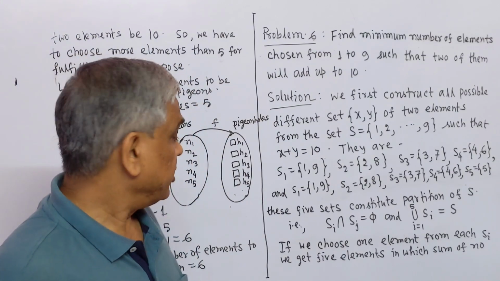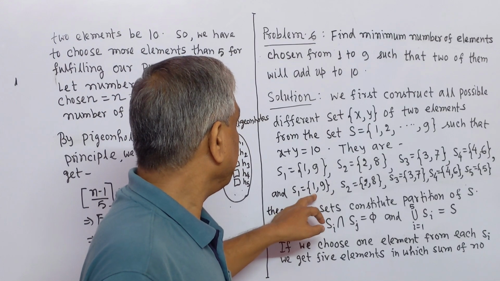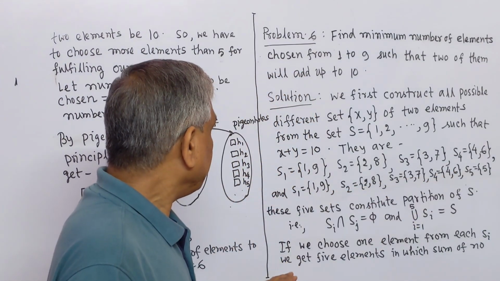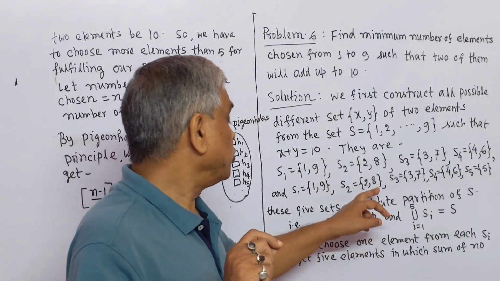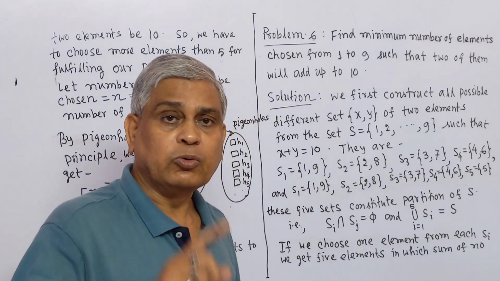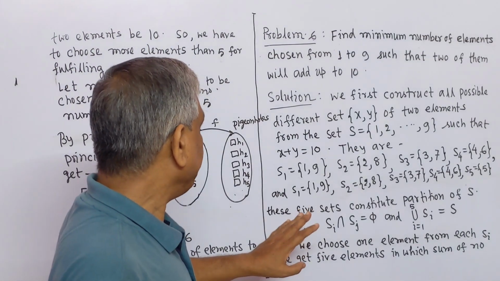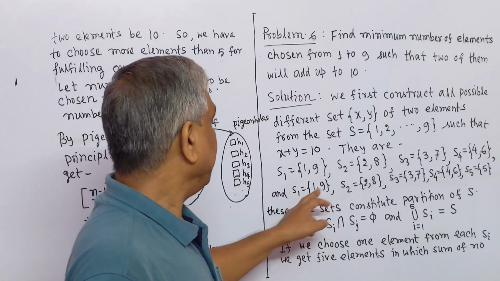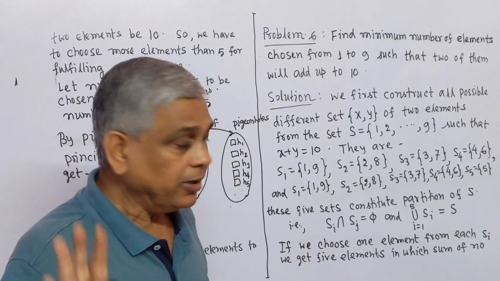If we choose one element from each Si here, these partitions, that is we will get 5 elements and no two elements among these 5 elements will give the sum 10. For example, if we take 9 from S1 and 2 from S2, 9 plus 2 equal to 11, not 10.